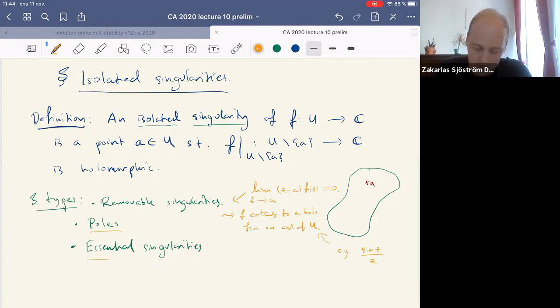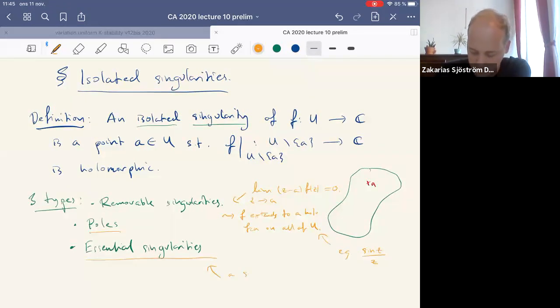And then you have the essential singularities, which is a word that Hagar, you used right now. And what does it mean to be an essential singularity? So the slogan would be somehow that it's a singularity which is not a removable singularity or a pole. So an isolated singularity, I should say, which is not removable, nor is it a pole.